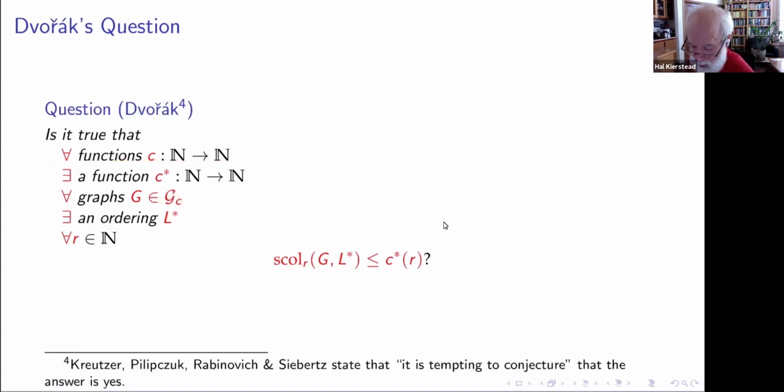But for any class that looks like this, there should be a new function, a bigger function C star, so that for all graphs in the class, there's an ordering that witnesses this bound for their strong R coloring numbers. So one possibility would have been that C star might have been C, but we just showed that didn't work.